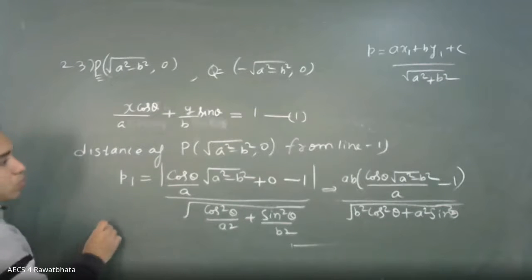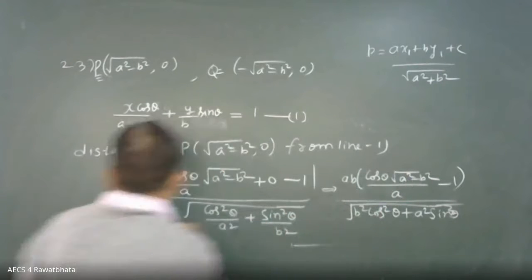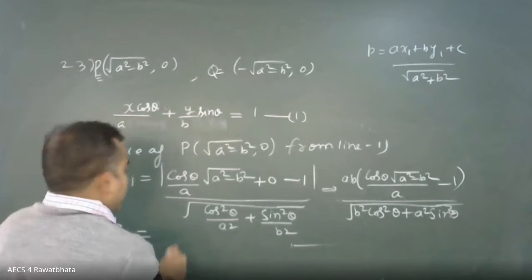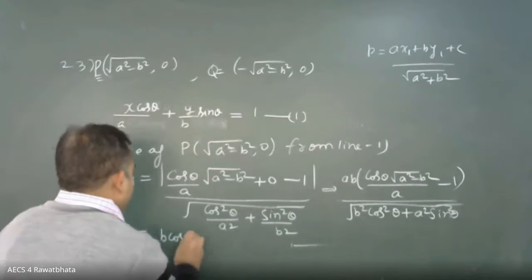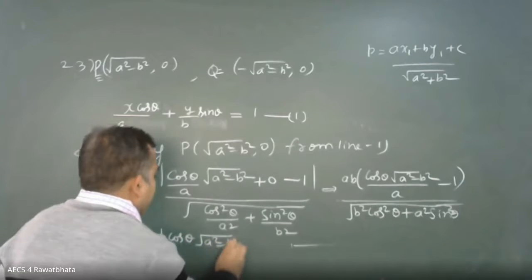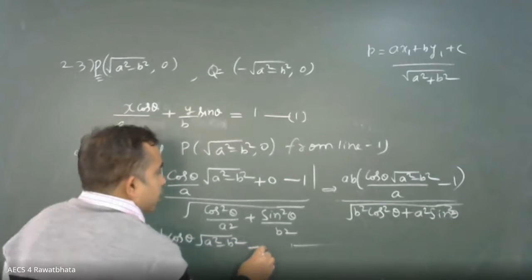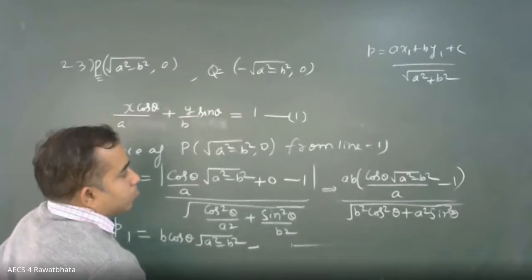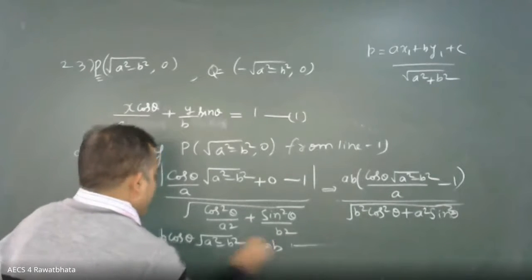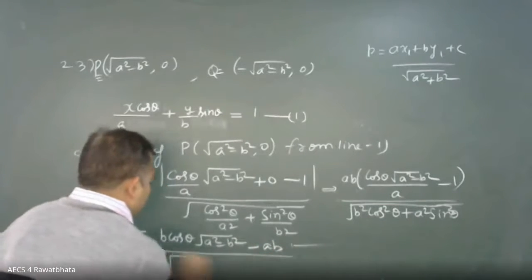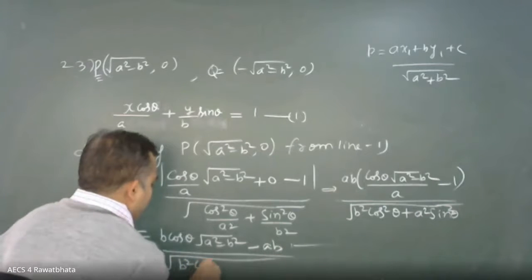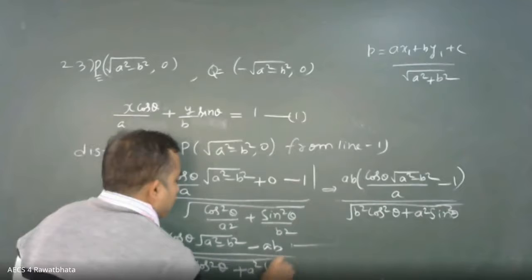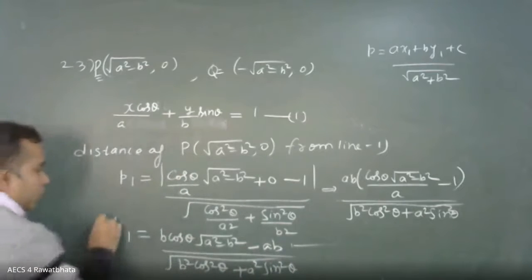So a get cancelled, taking LCM, then P1 will be b cos theta into root of a square minus b square minus ab, whole upon root of b square cos square theta plus a square sin square theta. This is P1.